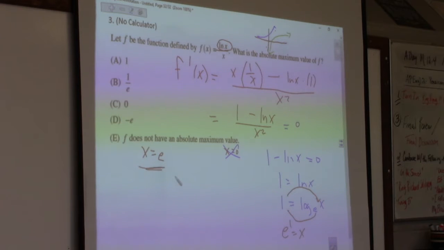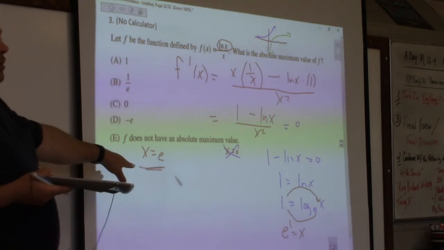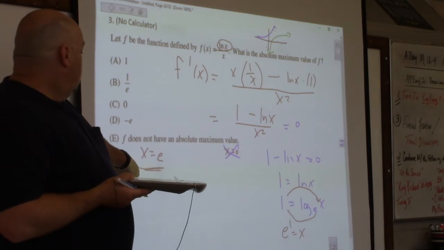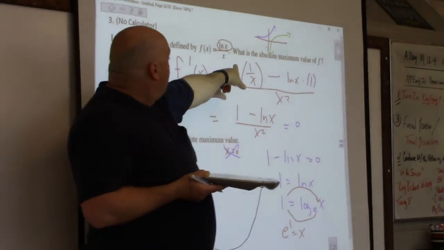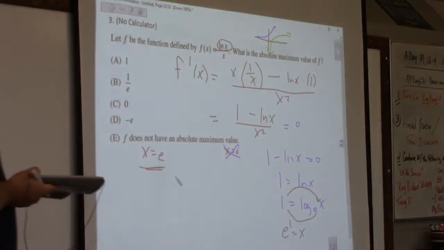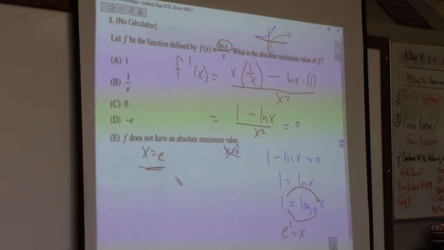So what is x equals e? That's a critical point. Is that what we're looking for? Well, I hope not, because that's not one of the choices. X equals e is the where. What are we looking for here? How high? We're looking for the absolute maximum. How do you find that? Plug that back into the original equation.